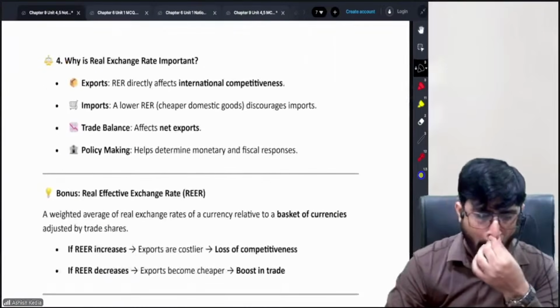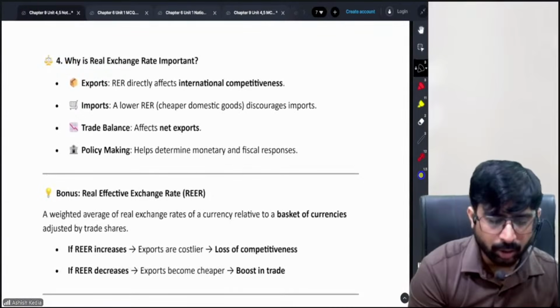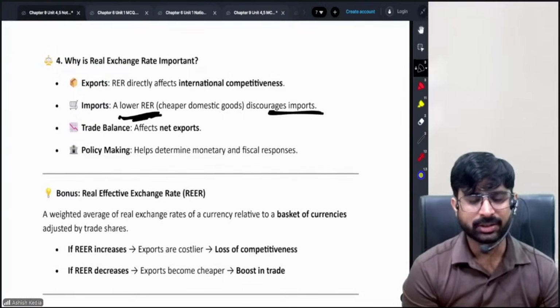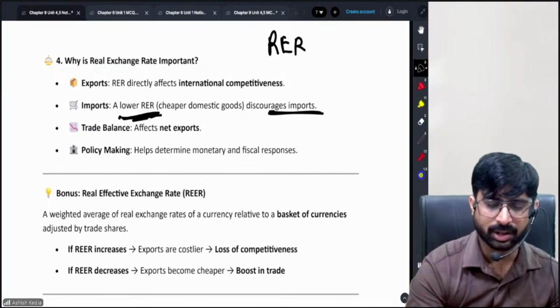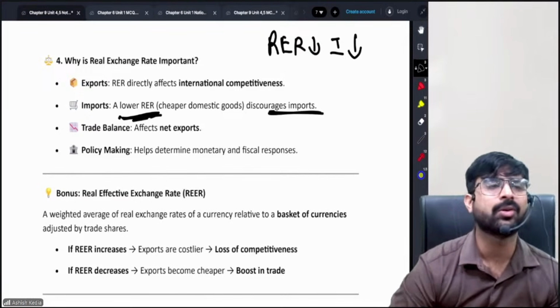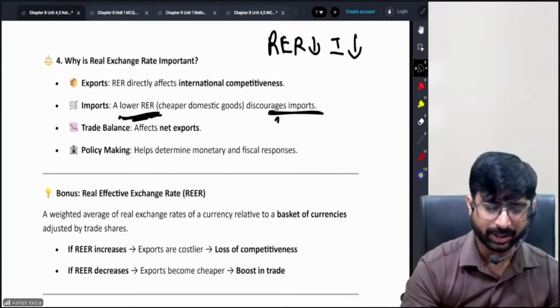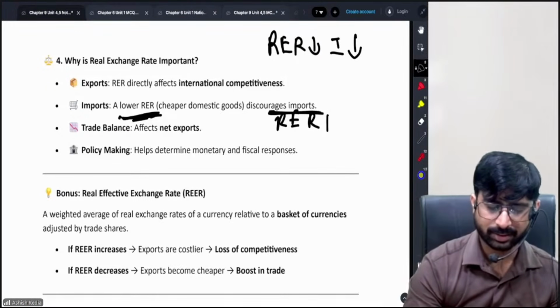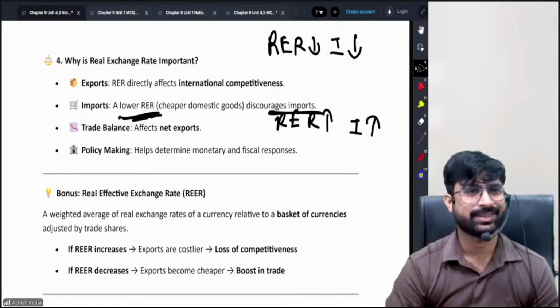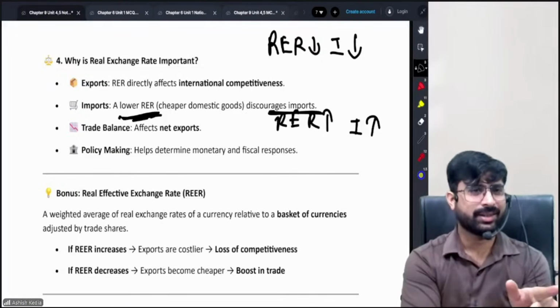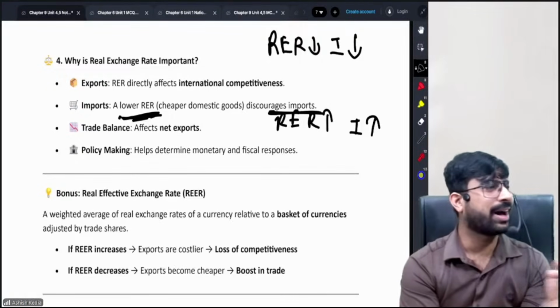You see here, a lower real exchange rate discourages imports. So if the real exchange rate falls, imports also fall. And if the real exchange rate rises, imports also rise. So real exchange rate and imports are directly related.